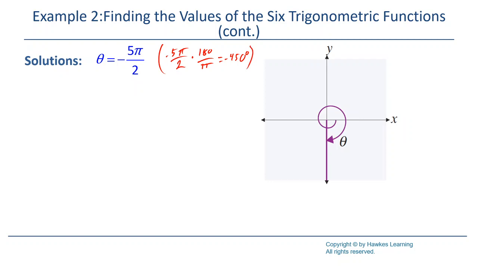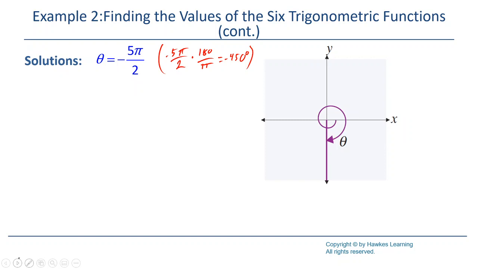Which when you look at it kind of makes sense, because remember, if you go negative, then you go clockwise, and it goes a full 360, and then goes a little bit more.